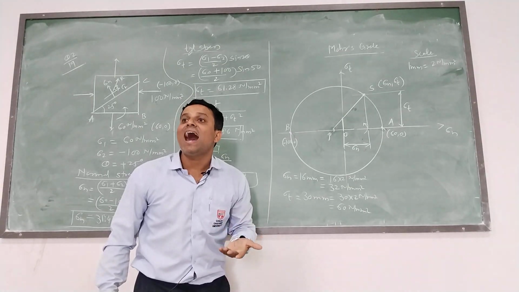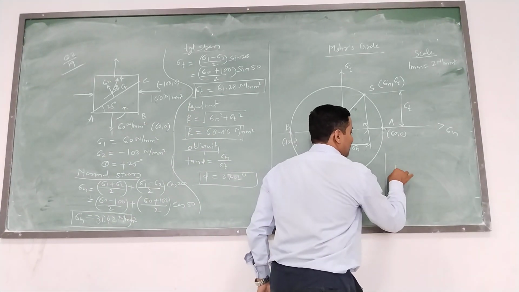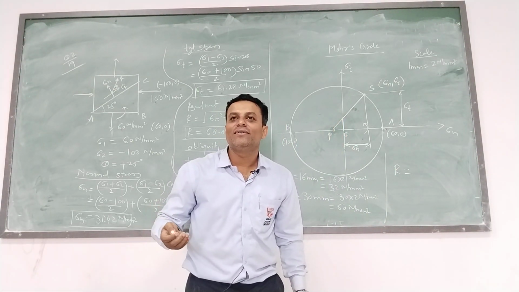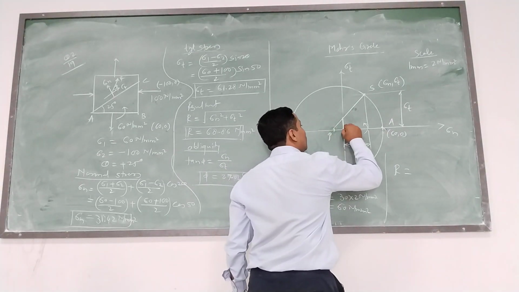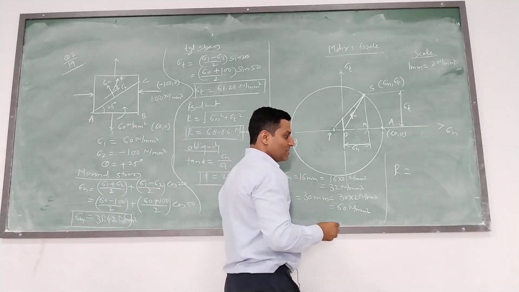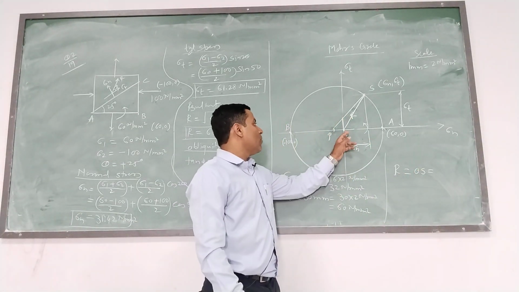Now next is R. Pay attention, you will make a mistake. R, the resultant. What will R be equal to? OS. So join O with S and this will be your R. So R is equal to OS.